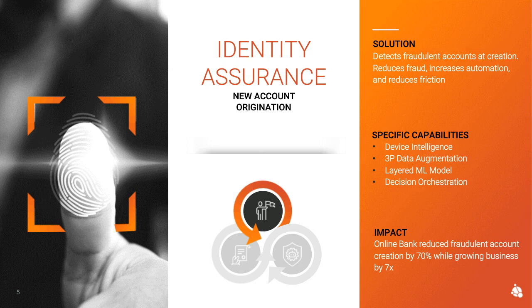And finally, we tune the onboarding flow with decision orchestration, where you can specify strategies, you can tune existing strategies, you can run champion challenger, and then you can essentially enable a complex onboarding flow very easily.